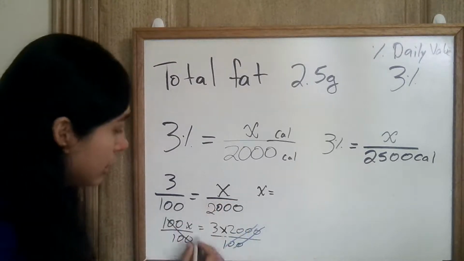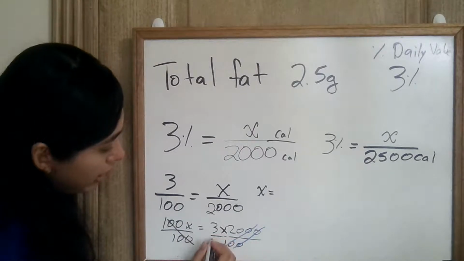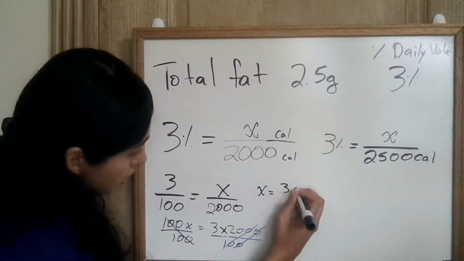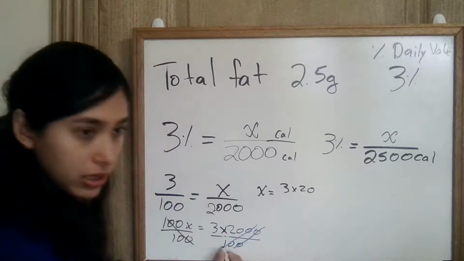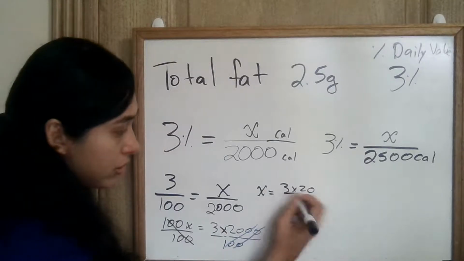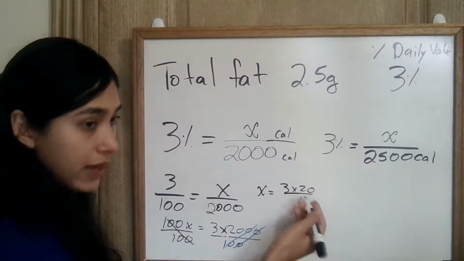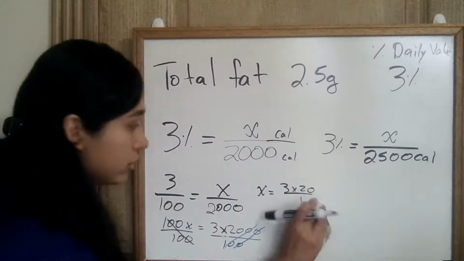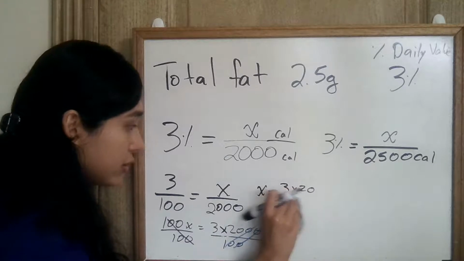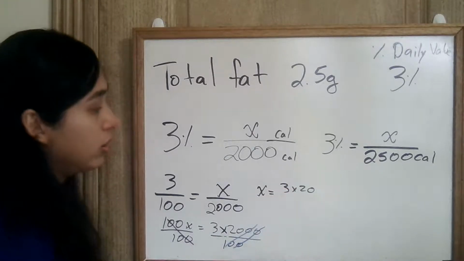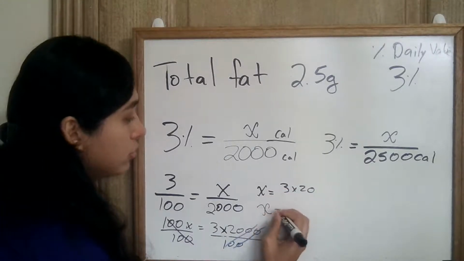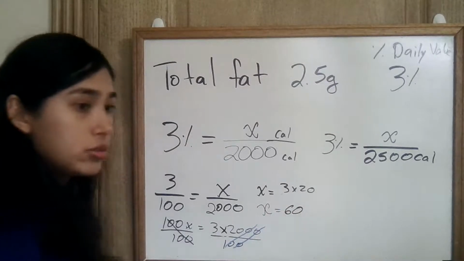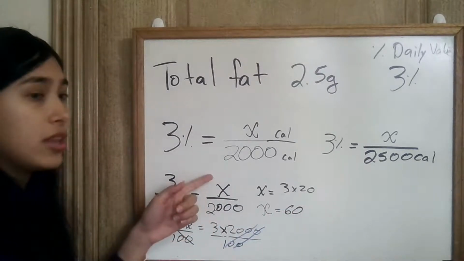So we have x is the same thing as 3 times 20, and I got rid of the 0, so I just have over 1. Practically didn't even have to write over 1, because anything divided by 1 is whatever value that was. So you can just have it as 3 times 20. Oh, x is equal to 60. So we're saying that's 60 calories in this bar.